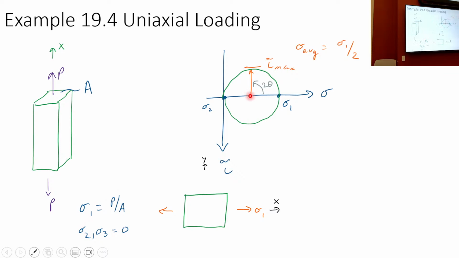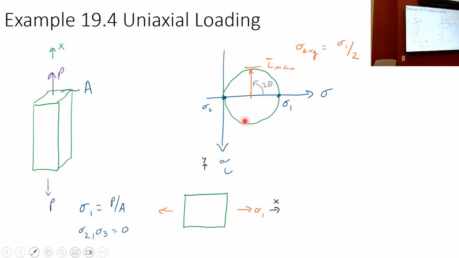And what's this point? This one's sigma 1 over 2. So the radius is just sigma 1 over 2, or this is the center, right? We said was at sigma 1 over 2. So the radius is just sigma 1 over 2, which means that the tau max is also sigma 1 over 2. Okay? This is powerful stuff.